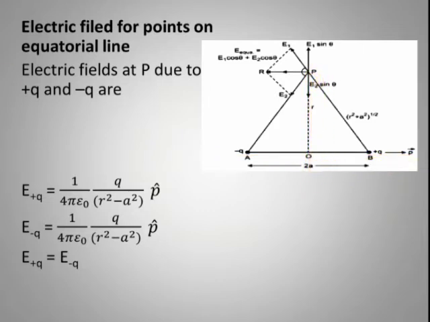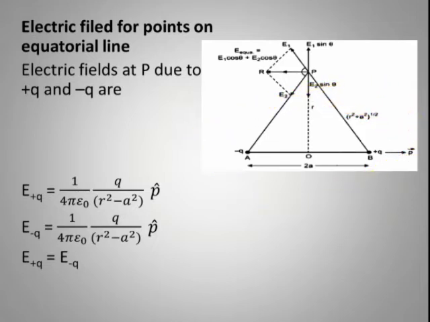So what is the aim of this derivation? It is to find the electric field at point P. How we are going to find it is individually. If I consider the negative charge, this charge produces an electric field, and the positive charge produces an electric field, and you sum up these two.